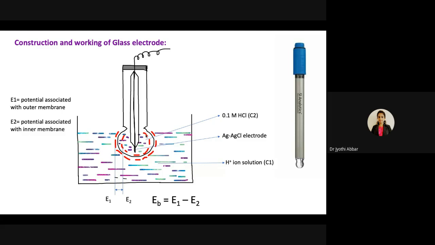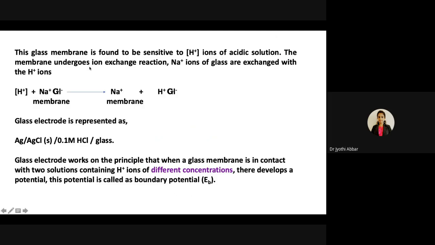So how is this membrane going to undergo the ion exchange reaction with the solution containing H plus ions? How is it going to become sensitive to the H plus ions? Let us see now. This glass membrane is sensitive to the H plus ions of the acidic solution, so it undergoes an ion exchange reaction.